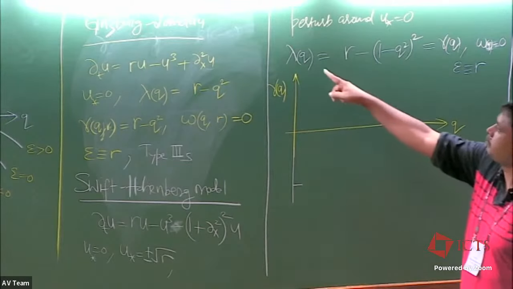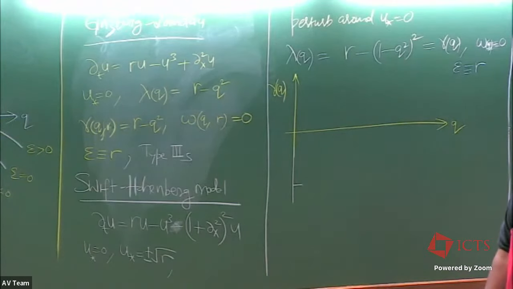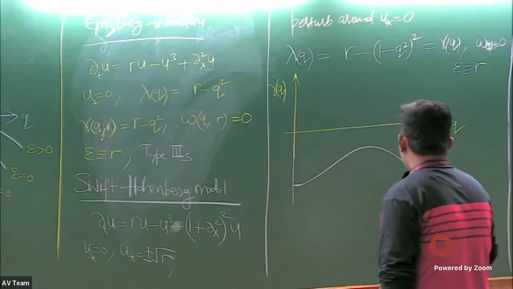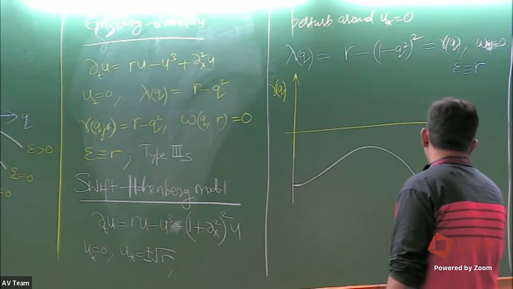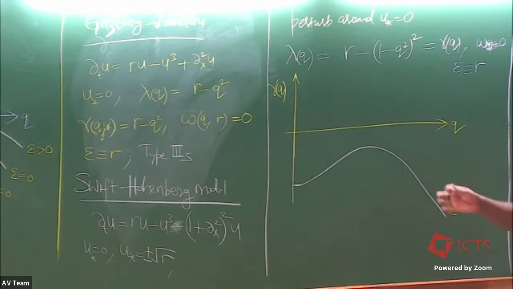I'm asking you to just plot this function as a function of q for r equal to 0. Yeah, so it goes up and goes down. So this is for epsilon less than 0. What about epsilon or r equal to 0?